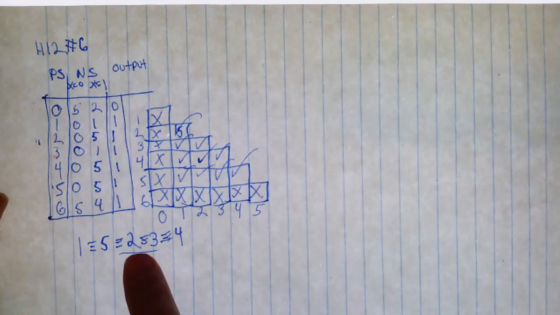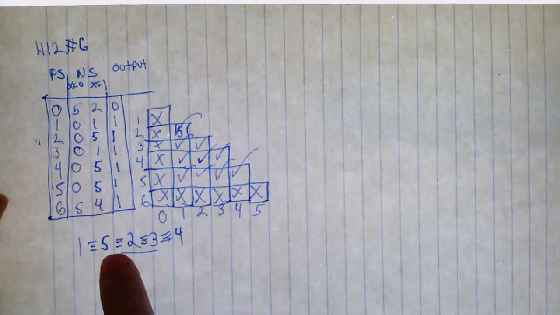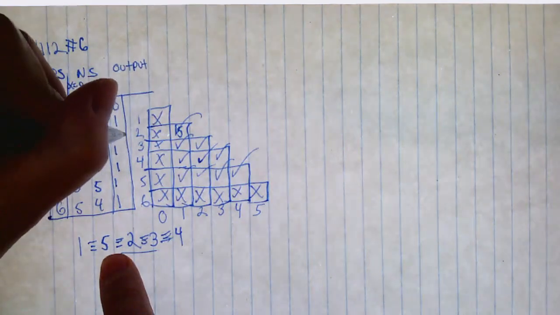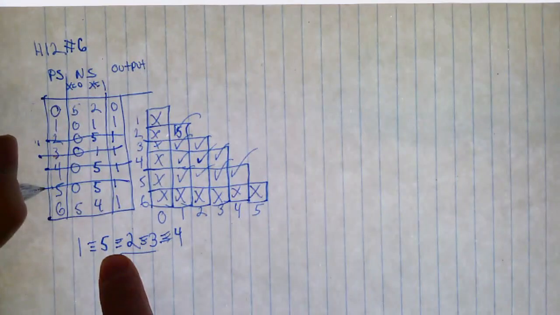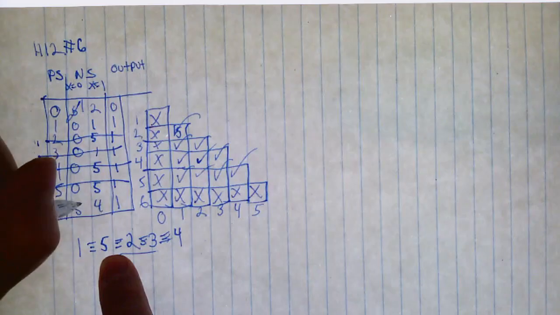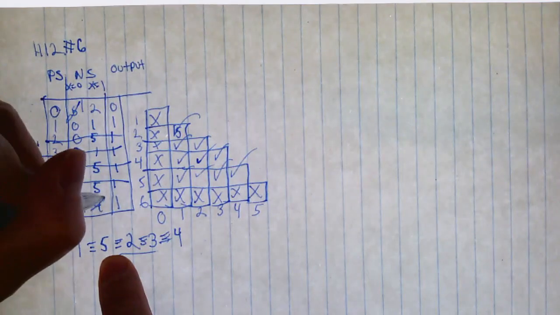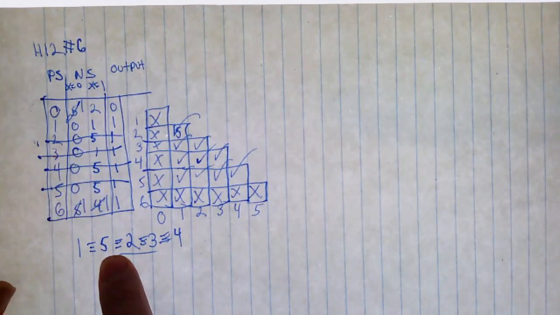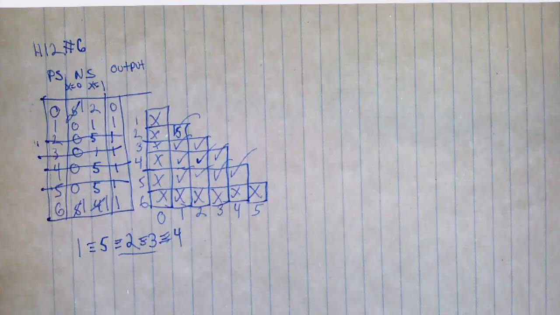By the time you're done, you're crossing off 2, 3, 4, and 5 and replacing the whole shebang with a 1. And now you're down to just 3 states, 0, 1, and 6.